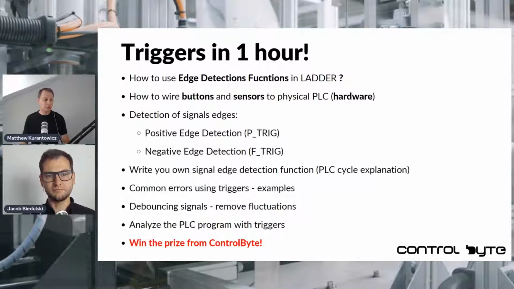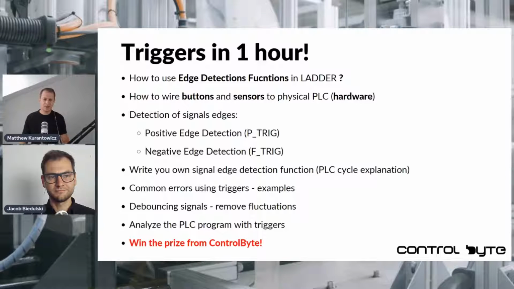Next, we'll go to TIA Portal and we will describe how edge detection functions work in practice. You need to know about two instructions: positive edge detection, P_TRIG, and negative edge detection, F_TRIG. It is important to write your own signal edge detection function to understand how the PLC cycle works.